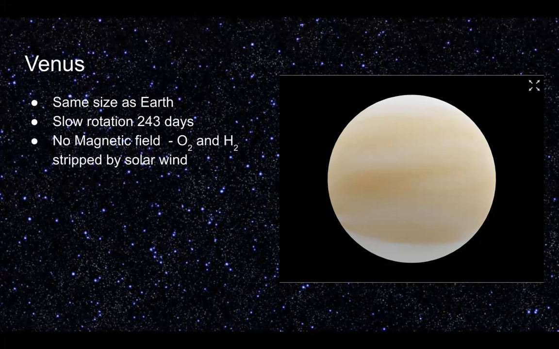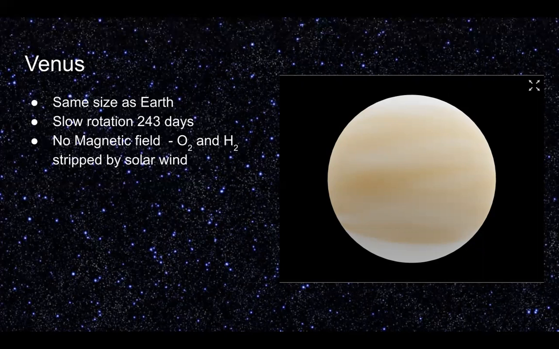Now, it has no magnetic field. Well, why is that? The fact that it's rotating so slowly may mean that presumably it's got an iron metallic core like we have, but because it isn't turning, it isn't generating that dynamo magnetic field effect that the Earth fortunately has.